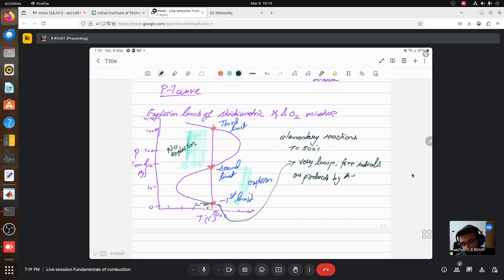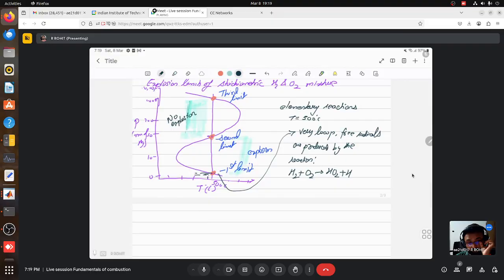They are produced by the reaction H2 plus O2 giving rise to HO2 plus H, where HO2 is your metastable species.